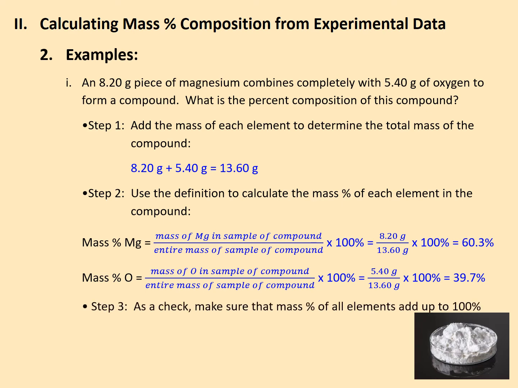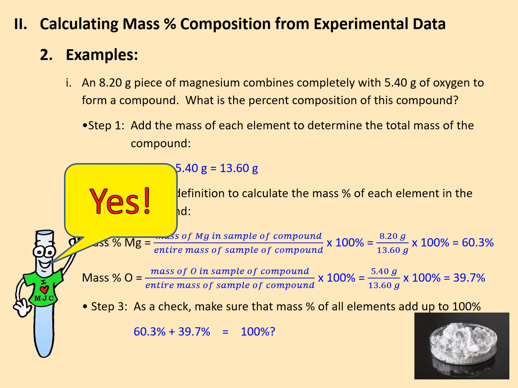And finally, we will check to make sure that the mass percents for all of our elements add up to 100%. When we do this, 60.3 plus 39.7, does it add up to 100%? Yes, it does, says Timmy the test tube, so we are good to go. That's a good check to see that our calculations are correct.